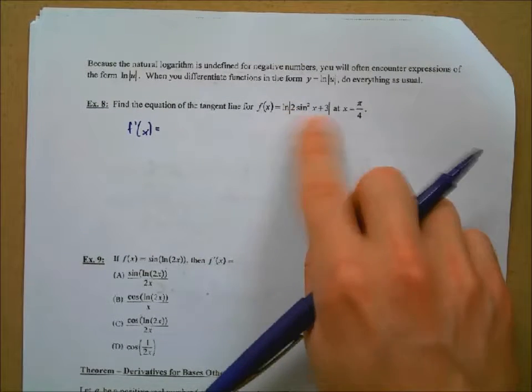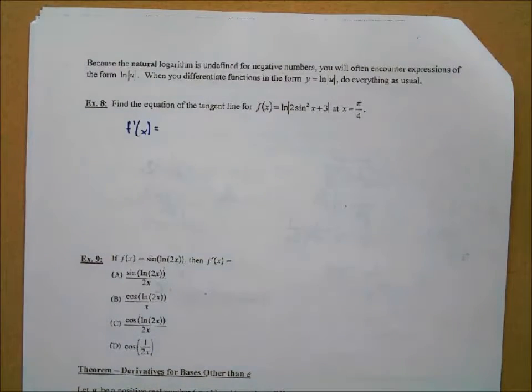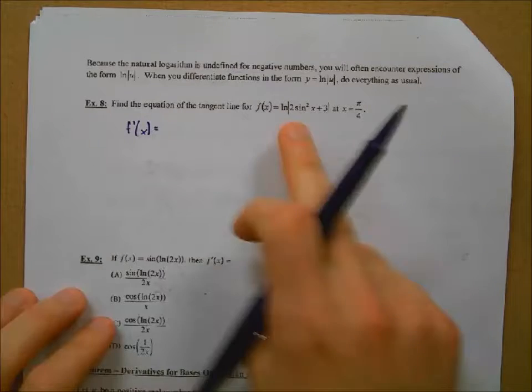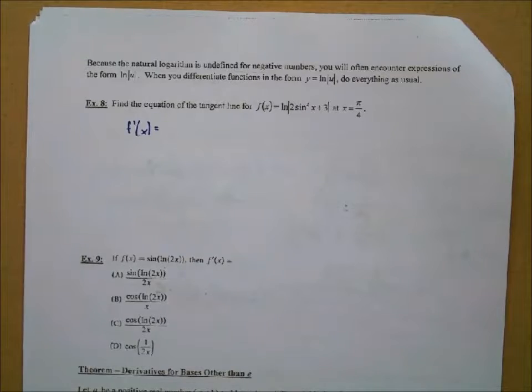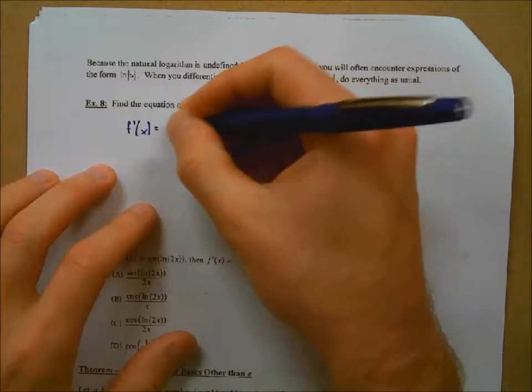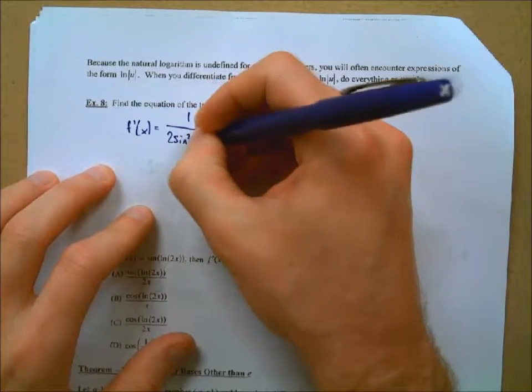No. What rule are we going to use? Chain rule. So think about layers. What's our outermost function here? The natural log. What's the derivative of the natural log of something? 1 over that something. So it'll be 1 over 2 sine squared x plus 3.